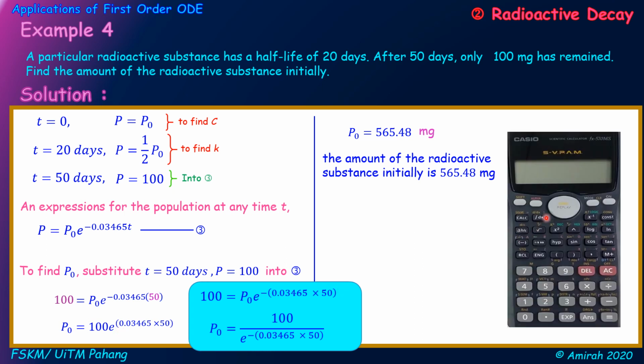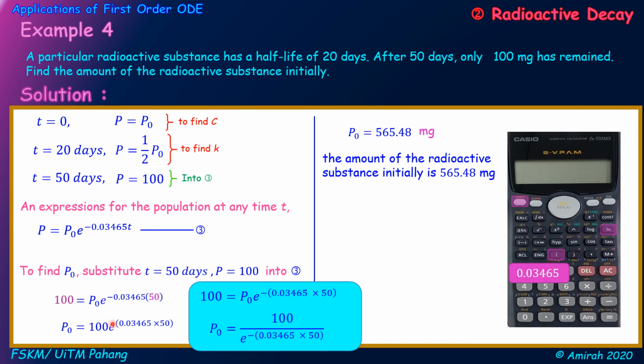From your calculator, first you calculate e to the power of the exponent here. We use the shift button, then ln, shift ln for e to the power of something, and then we open a bracket.